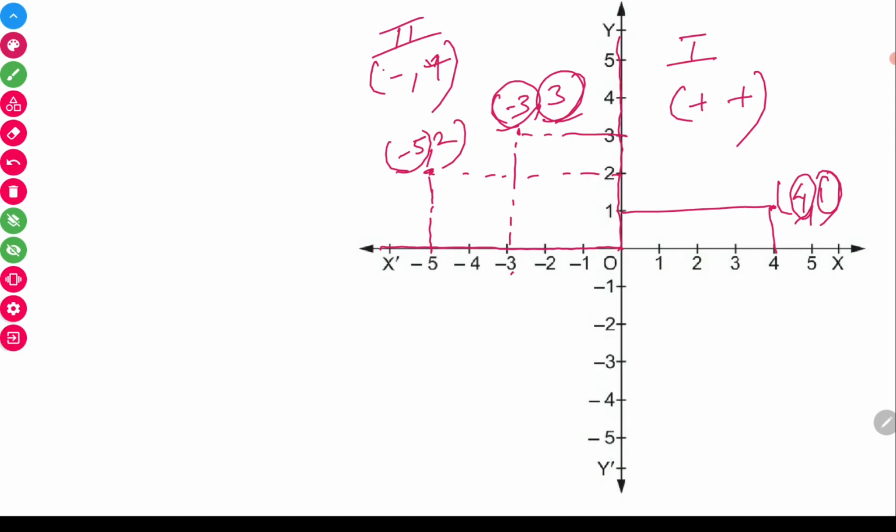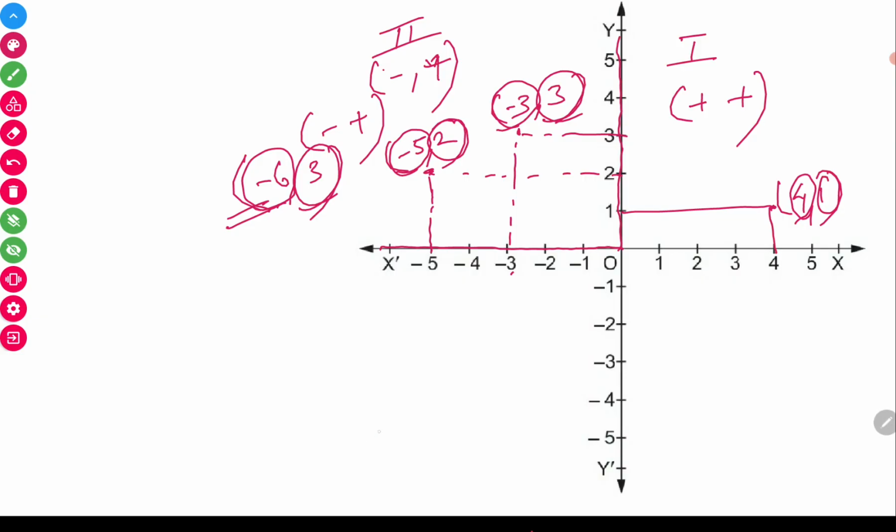X will always be negative and y will be positive. If you see any number written like -6, 3, by seeing these coordinates you can say that the first number is negative, the second number is positive, so this point lies in the second quadrant. We will see all these by doing questions.